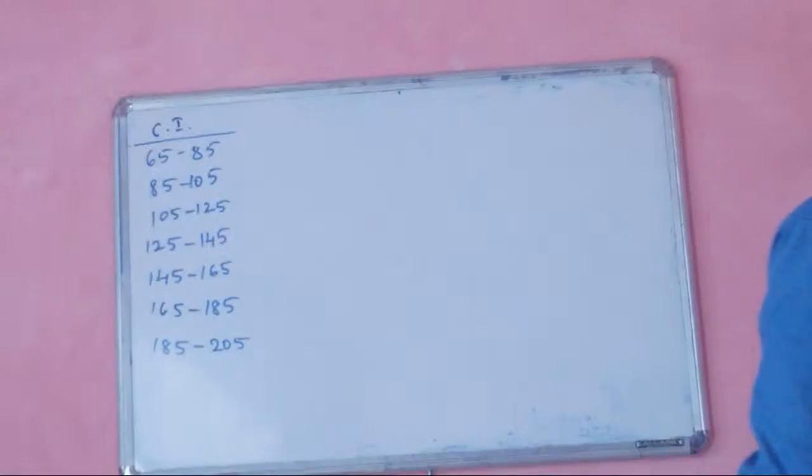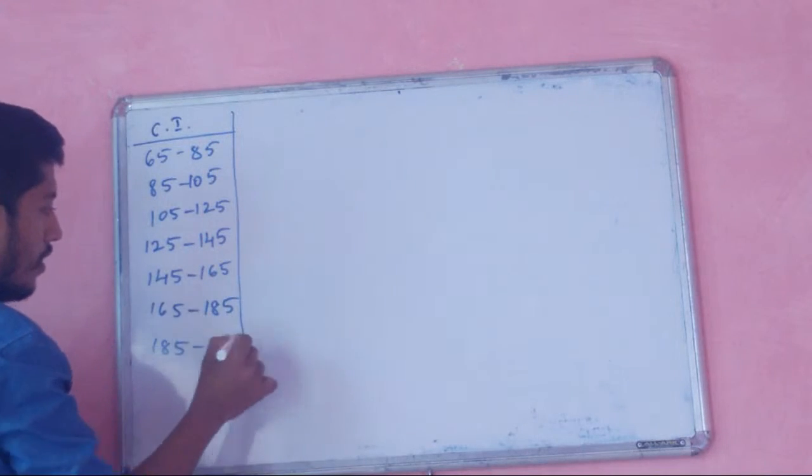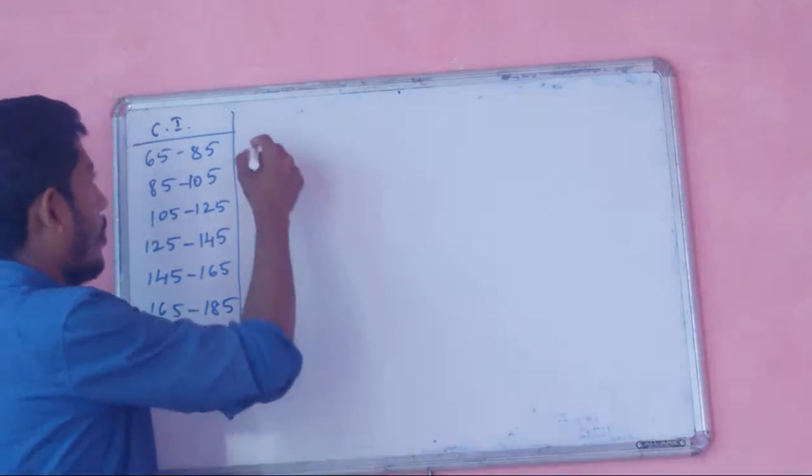That is exercise 3 of statistics. The frequencies are given; the frequencies are the number of consumers.